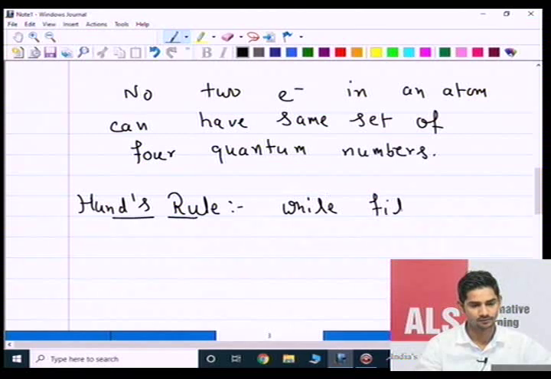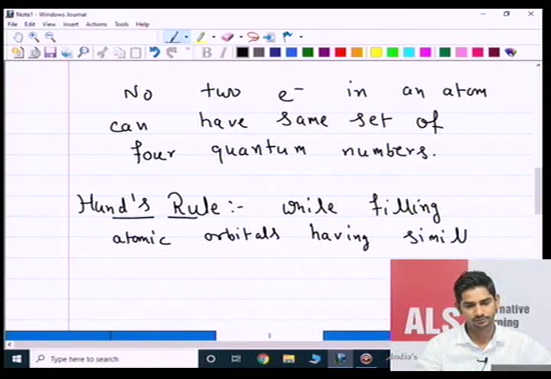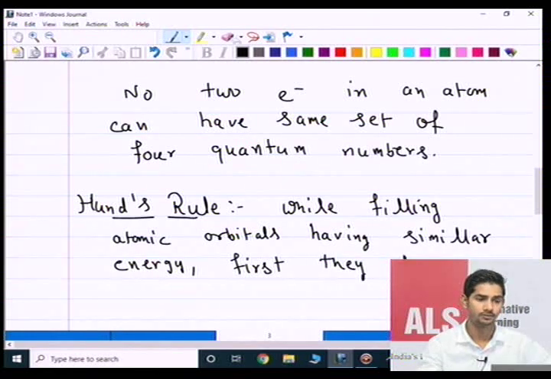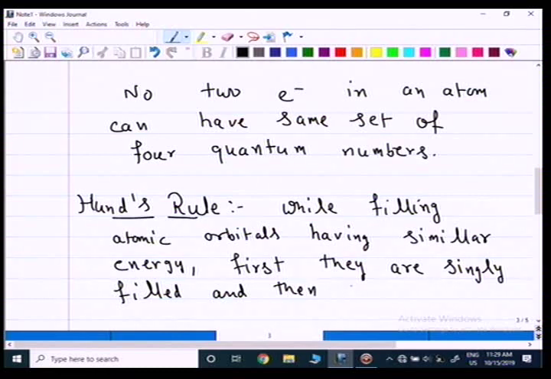While filling atomic orbitals having similar energy, first they are singly filled, and then pairing starts.